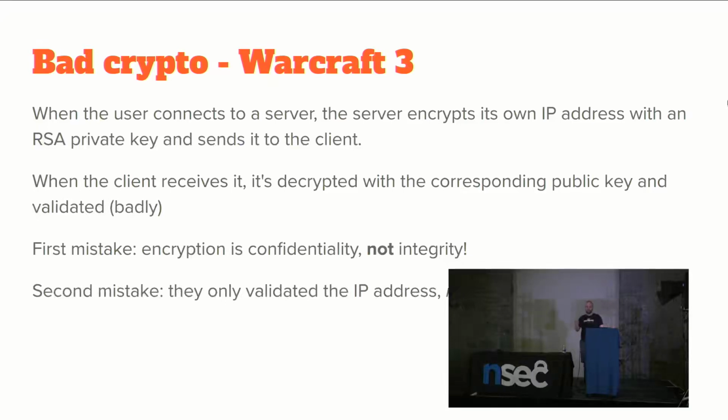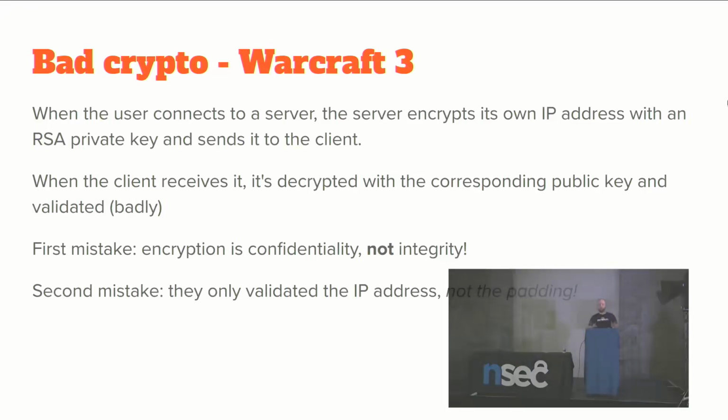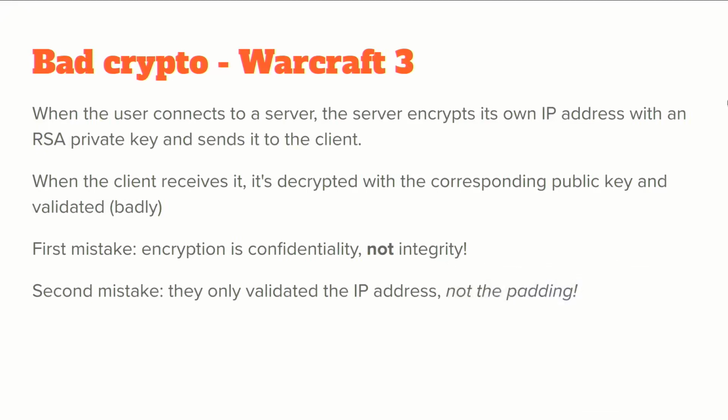So I used to have like 5 slides about this with all the math, but it's really boring. When the user connects to a server, the server encrypts its IP address and sends it to the client. The client decrypts the IP address and verifies it. That's how it verifies it's connecting to the real server, because nobody else has the encryption key to encrypt their IP address.